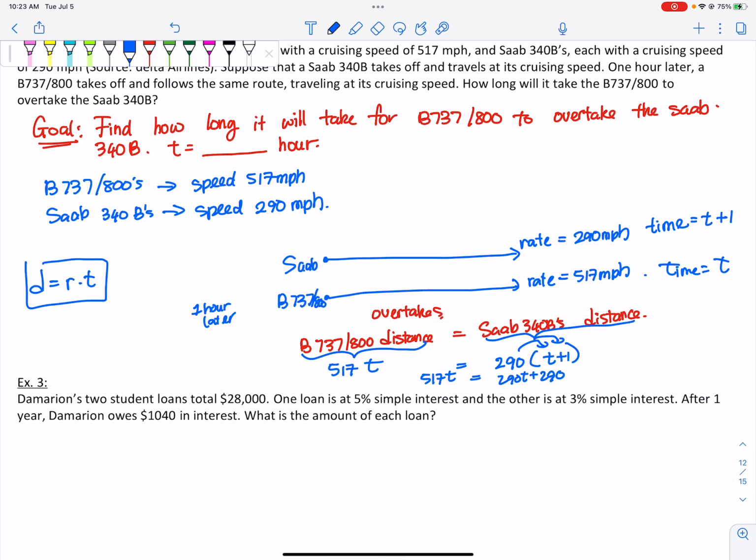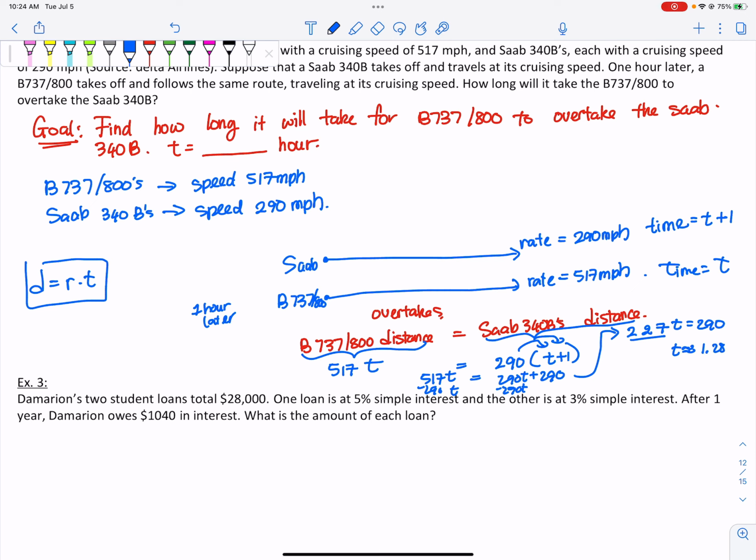Then we subtract 290t from both sides, and we end up with 227t equals 290. Then we divide both sides by 227, and we would end up with t being about 1.28.